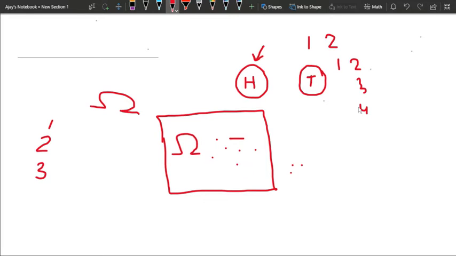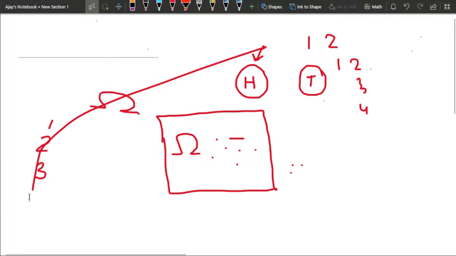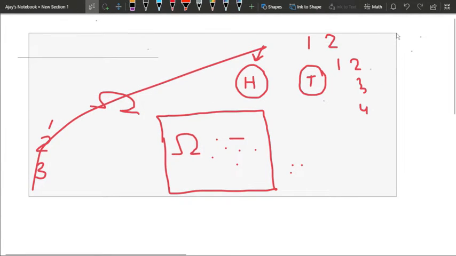So let's go to the next questions and some exercise examples.